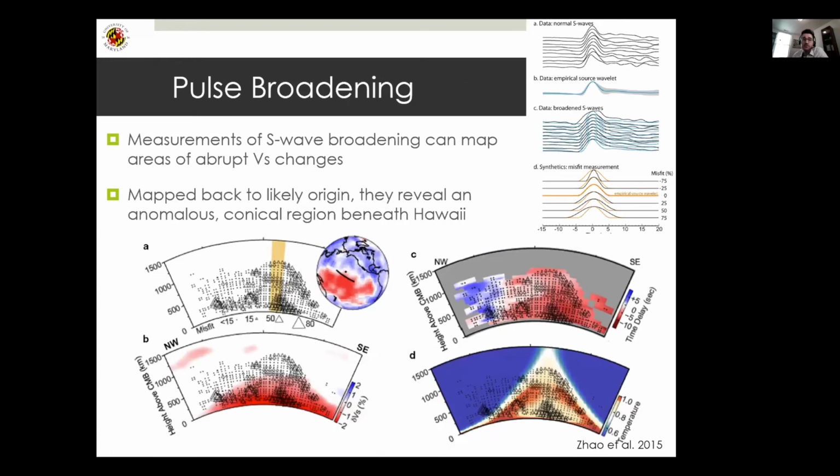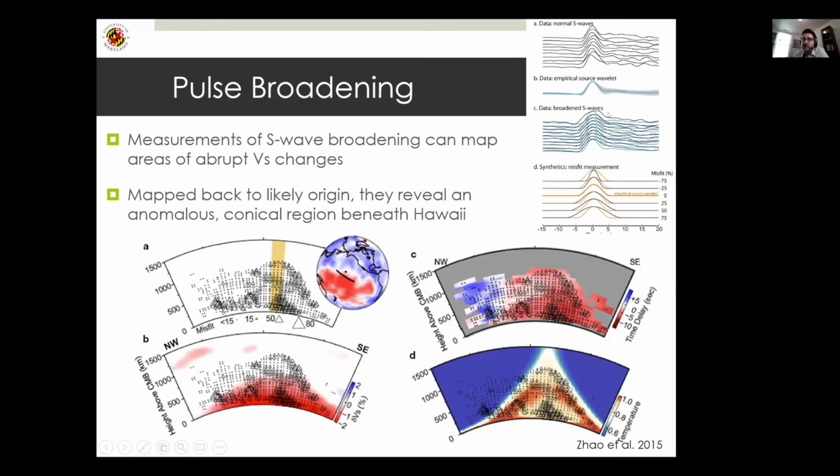So these pulse broadening studies have been carried out. This is from a study of Zhao et al. They looked at S wave broadening across a fairly large data set. They looked at the shape of S waves and figured out what the standard shape is for any given earthquake.